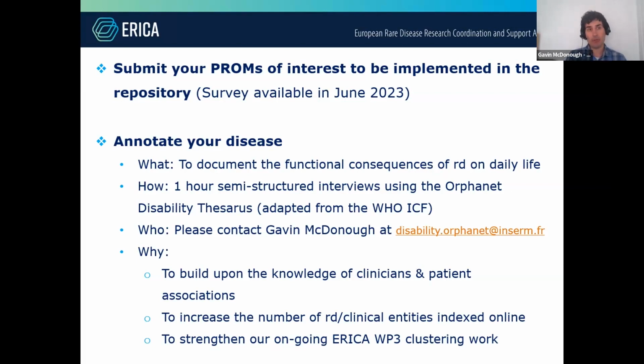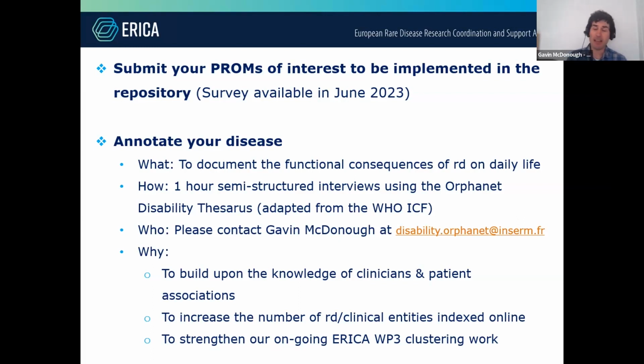Another way that you can contribute is by annotating your disease. This is the Disability Orphanet project, which is the project that I've been managing for a number of years. The aim of that project is to document the functional consequences of RD, or rare diseases, on daily life. This is done by conducting 1-hour semi-structured interviews using the Orphanet Disability Thesaurus, which is adapted from the World Health Organization's International Classification of Disability and Health.